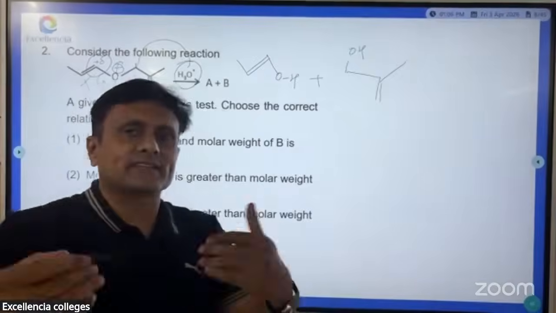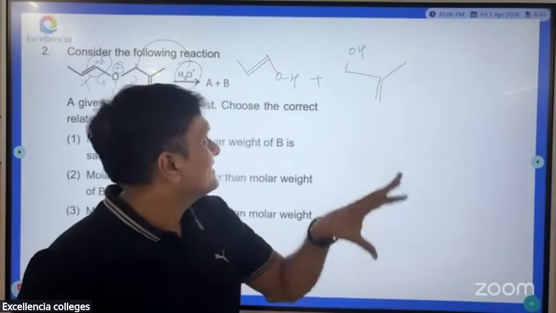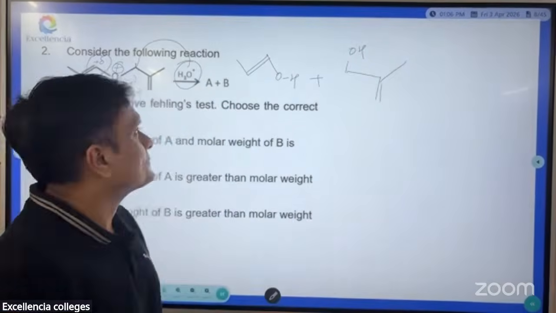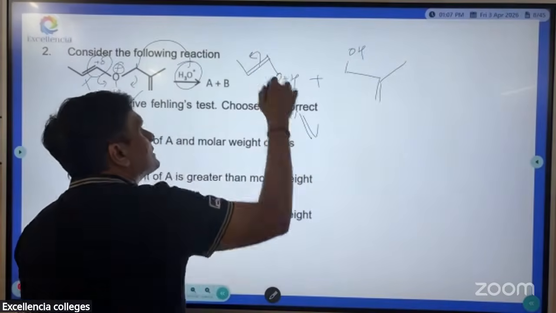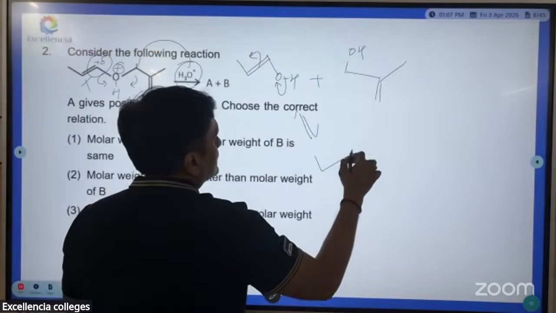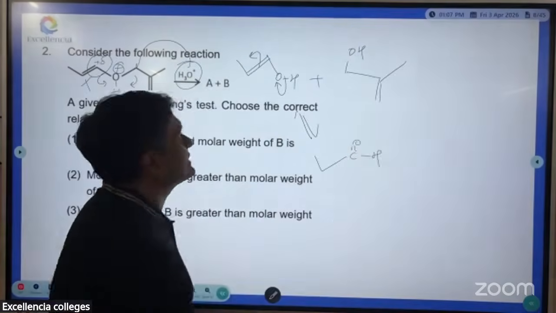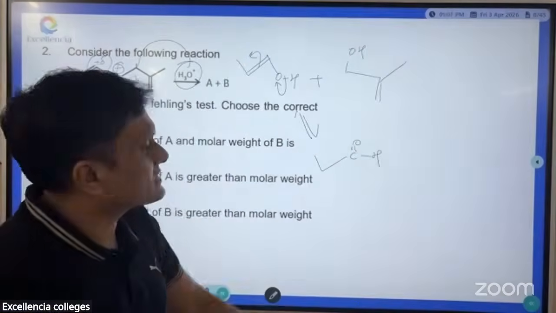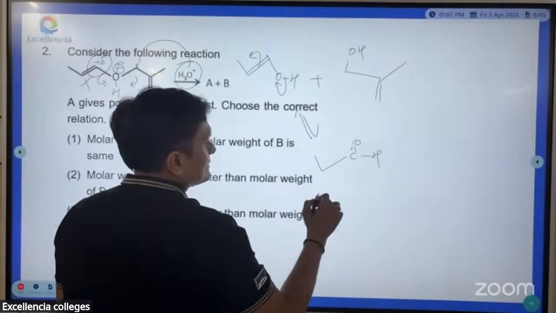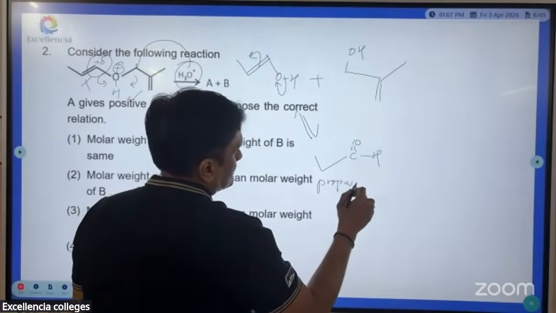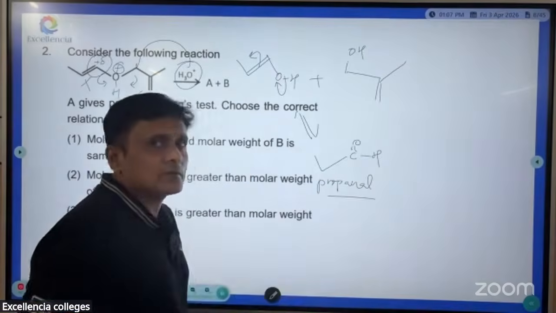Now, what's next? It's assumed that solvent is taken in excess, obviously, and this will undergo tautomerization. All right. In acidic medium, enol will be quickly converted into the ketone. So you got one substance as propanol, isn't it? Propanol is here one of the products.